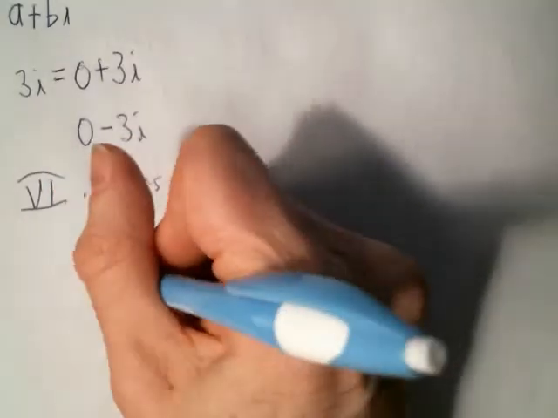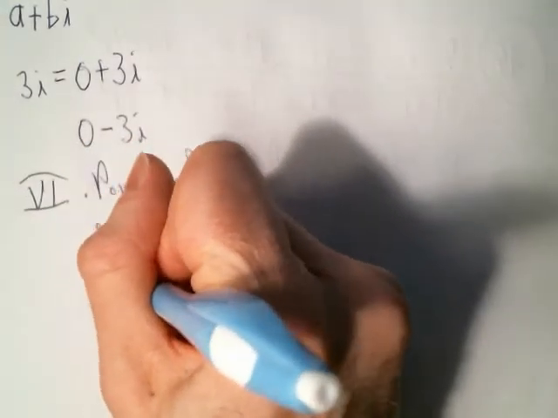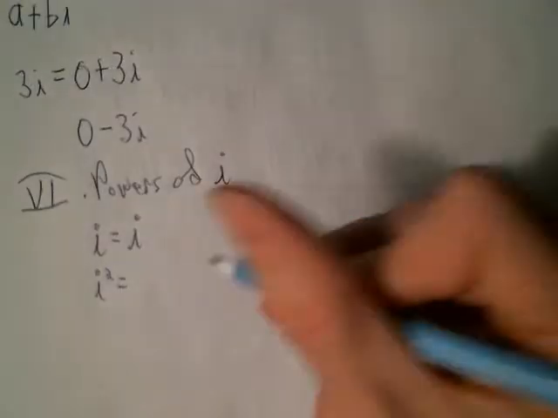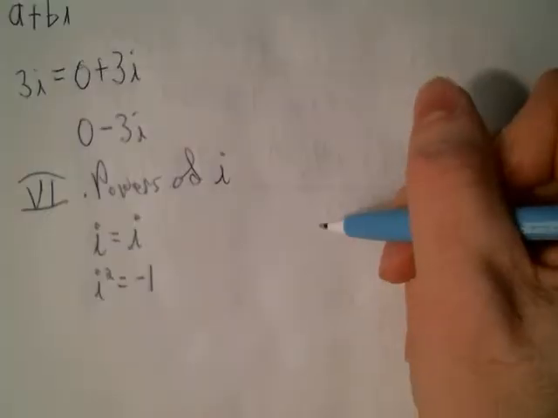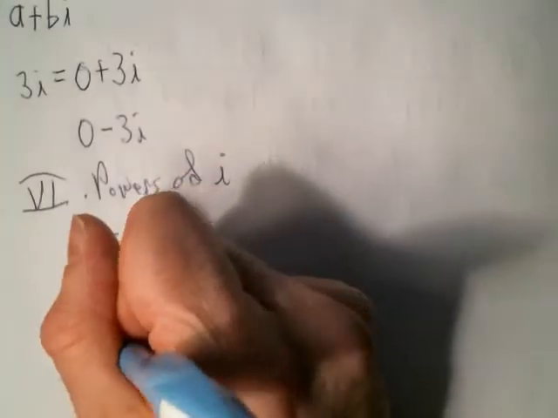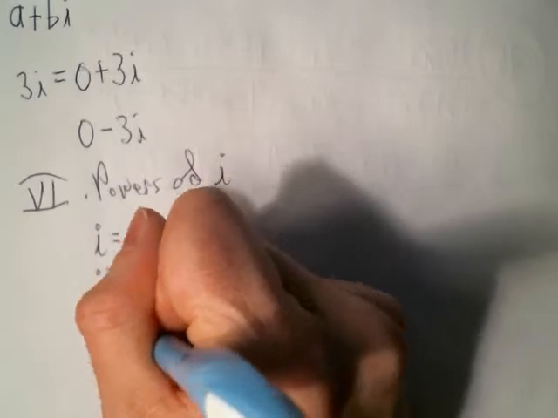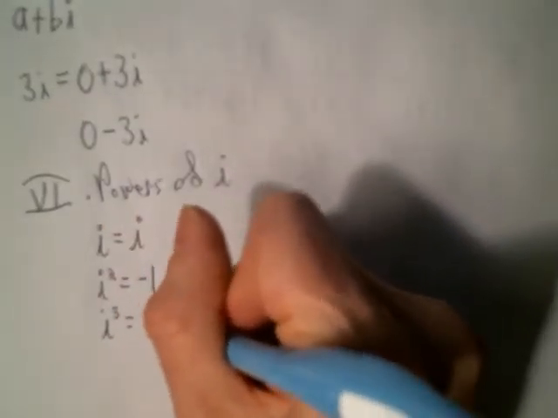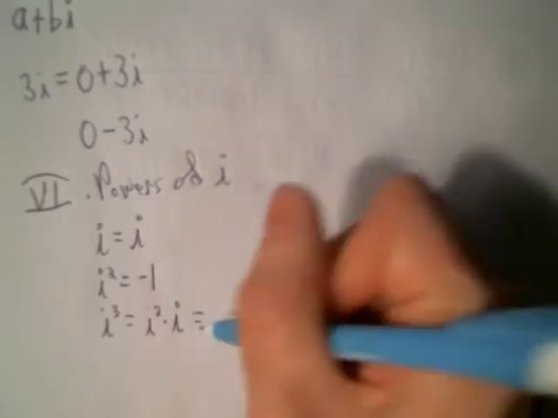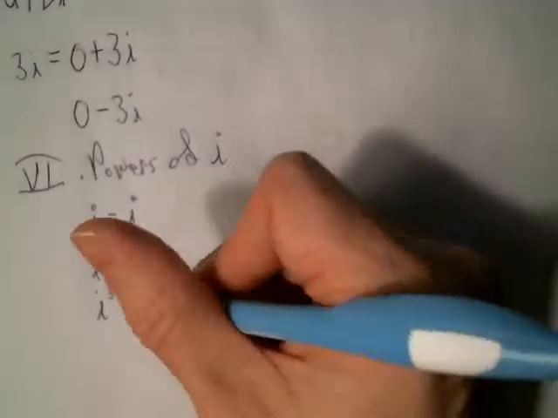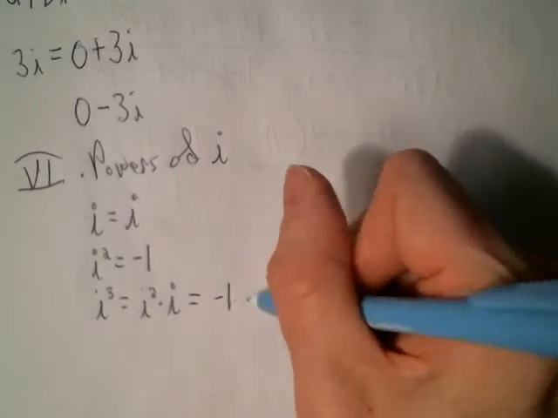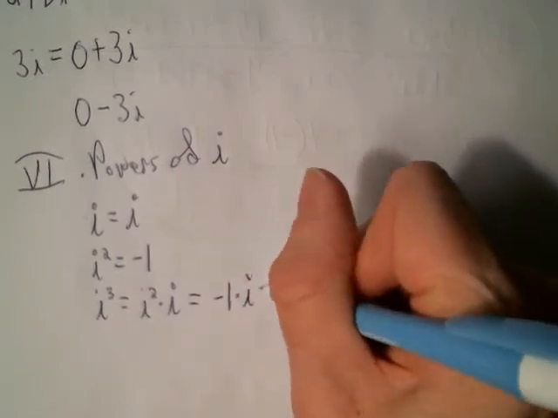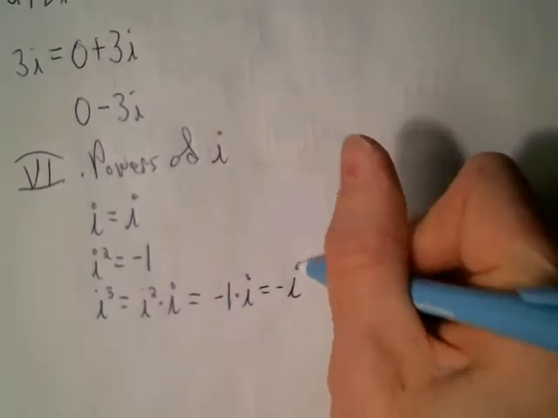So i is, of course, i, but if I square i, then I get negative 1, right? So if I cube i, well, what is that? Well, hey, that's i squared times another i. And i squared, I said, was negative 1. So that would be negative 1 times i, which is negative i.